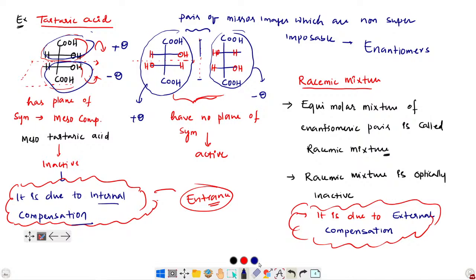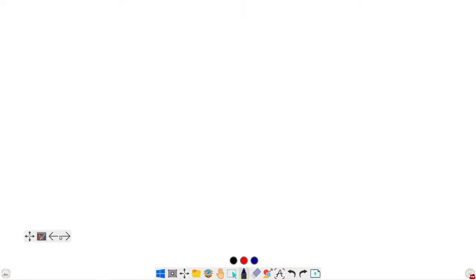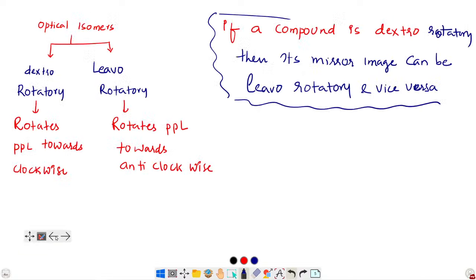So, calculation of specific rotation. Here it is, specific rotation.